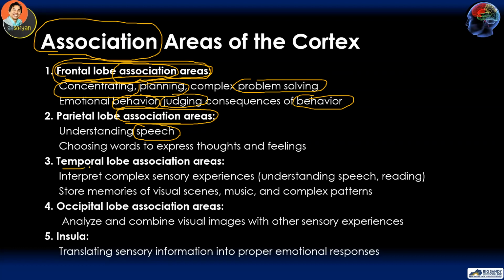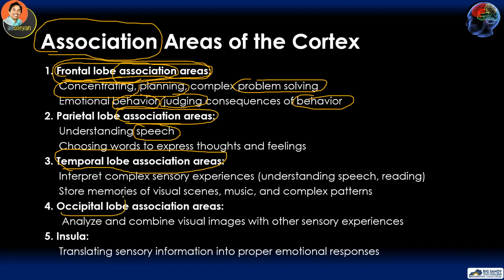And then there is the temporal lobe association area. Mostly the temporal lobe is for hearing, smell, and taste. It is going to be related to some associations with that condition, and also visual, music, and complex patterns will also be handled in the association area.